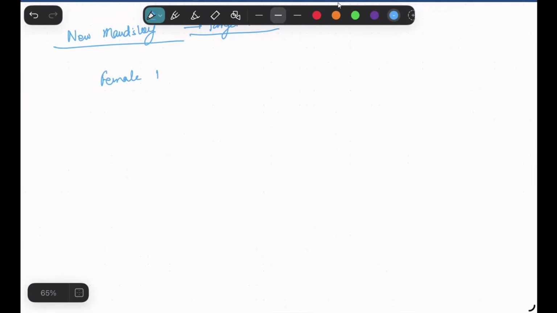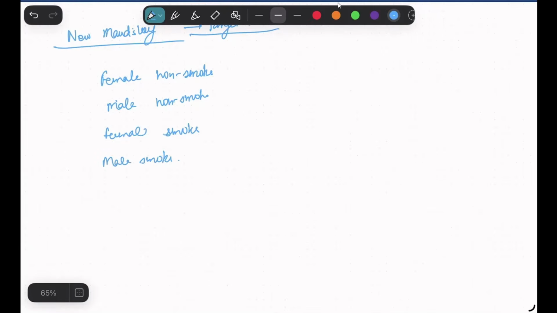Female non-smoker. Then comes male non-smoker. Then female smoker, and then male smoker. I'll also be telling how to remember this.